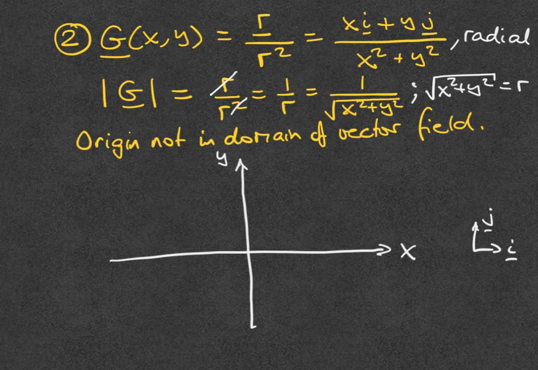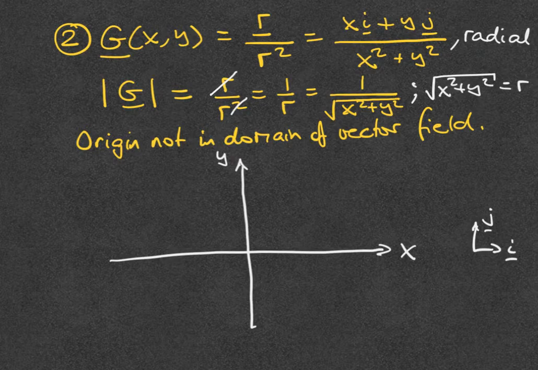It also tells us that if x equals y equals 0, in other words, if we're at the origin, you would have 1 divided by 0, your vector field would have a diverging magnitude, so that's not in the domain of the vector field. Our vector field is not defined at the origin.